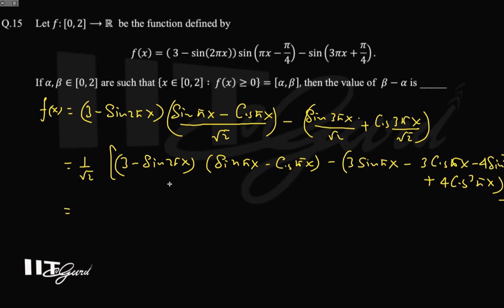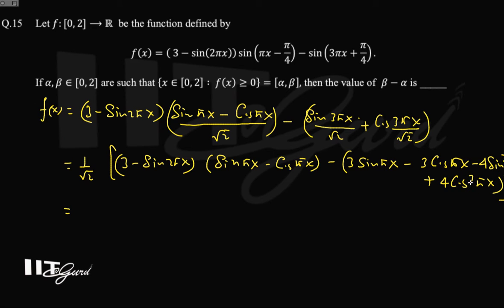So finally what we get here: sine pi x is there, cos pi x is there, and 3 sine pi x is there. When you solve it, you can take out common sine cube pi x, which is already negative, and cos pi x is positive.